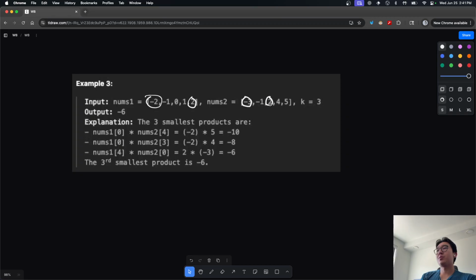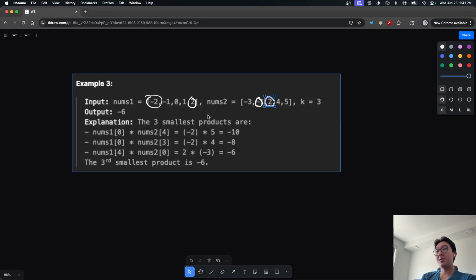But when we get to 2, 2 times -3 is actually smaller. Then we switch to 2 times -3, 2 times -2. Oops, 2 times -1, but that's -2. And then we now have -4, so we do -4. -2 times -1 is positive, but we have -2, so this goes right here. And then we have -1 times -2, which is 2, and then we have 2, 2, that's 4.